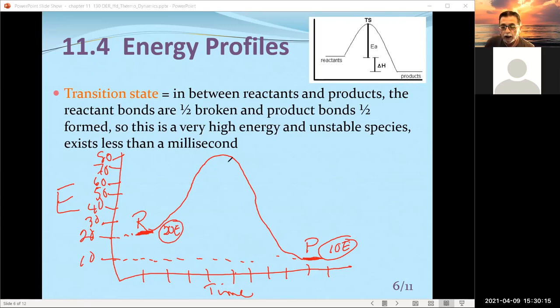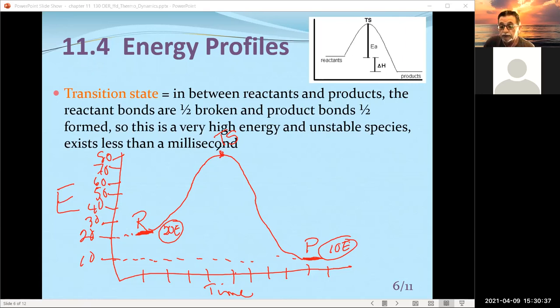Now, up on top here, this is my TS. This is my transition state, that picture we showed earlier. That is the state where I have product qualities and reactant qualities. It's the tip of the hill there. That's where I'm getting the bond breakage and the new bond formation.